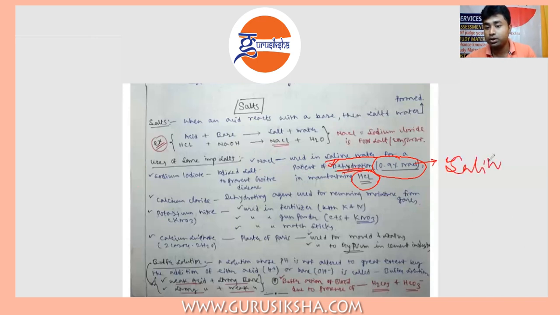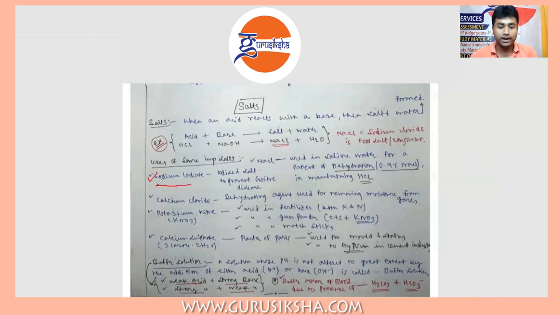Keep this point in mind, because if a question arises in the exam about what percentage of sodium chloride is present in saline water, it is 0.9% NaCl. Apart from NaCl, there are also various other salts available, like sodium iodide.